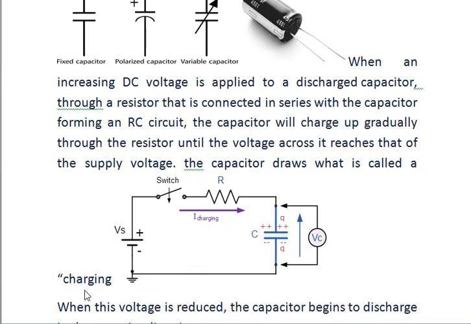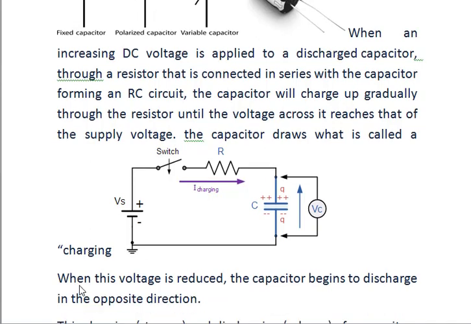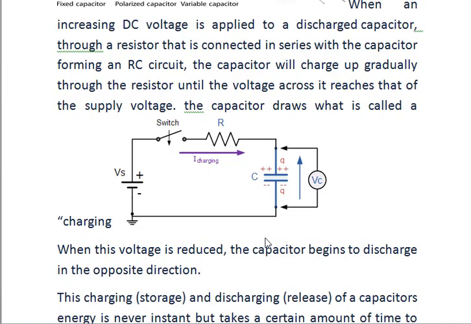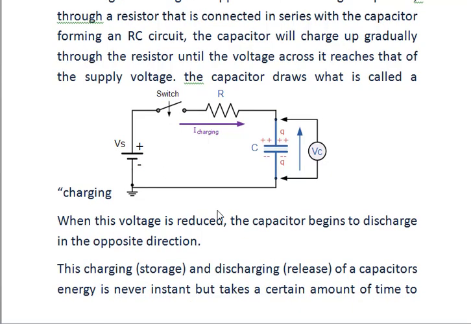This process is called charging. When the voltage is reduced, the capacitor begins to discharge in the opposite direction. During charging, the plus is here and the minus is there. While discharging, the negative potential comes from here and the positive potential comes from here.